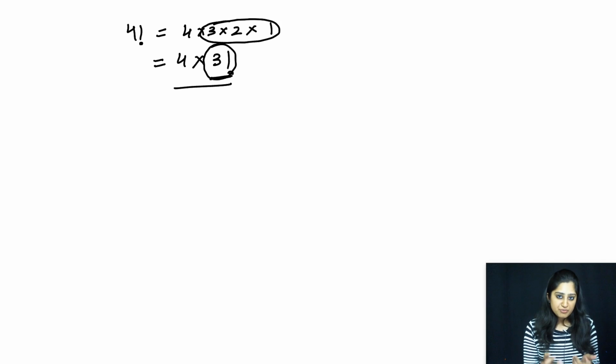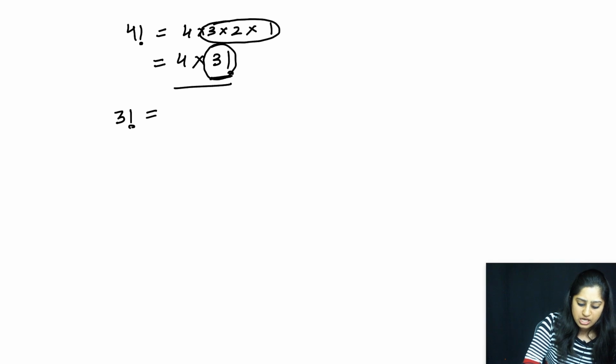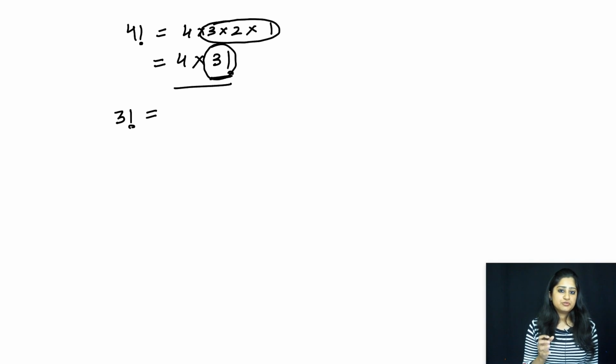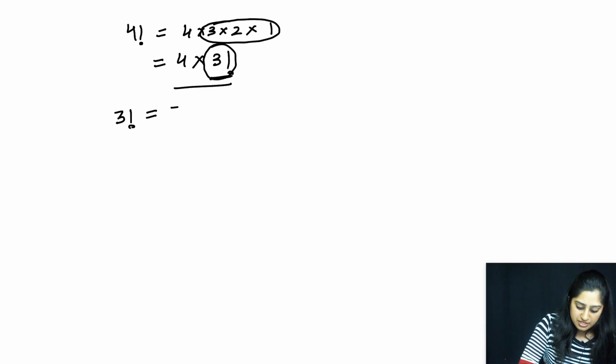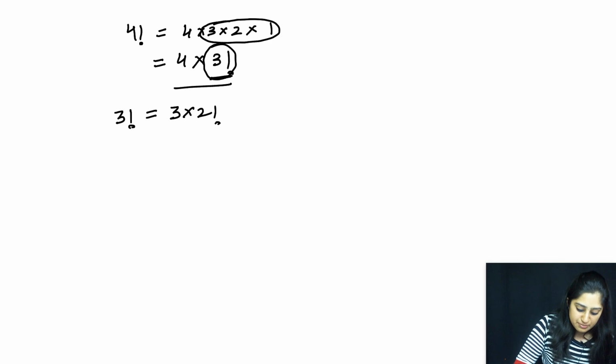If I go further and figure out how we are going to calculate 3 factorial, I can write it like this: 3 cross 2 factorial. Which means if I have 2 factorial with me, I should be able to figure out 3 factorial as well. I just have to multiply the answer of 2 factorial with 3.